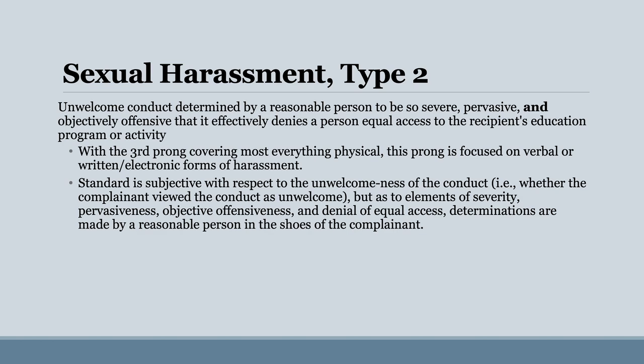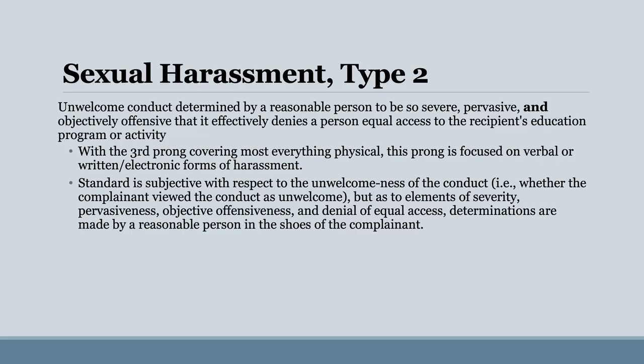So this essentially covers things that are not necessarily physical, but verbal or electronic forms of sexual harassment. I will note that it uses the standard of a reasonable person, so put yourself in the shoes of a reasonable person, and that it has to be severe, pervasive, and objectively unwelcome. Those things just mean that they're from the perspective of somebody third party who's not interested in the events.